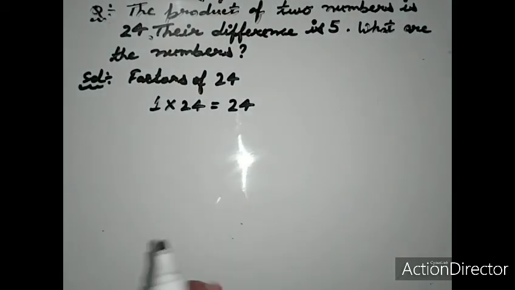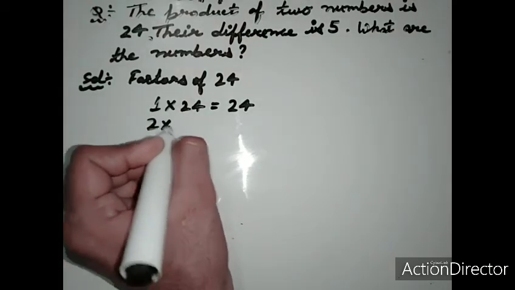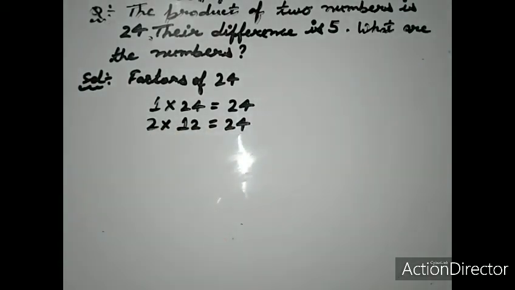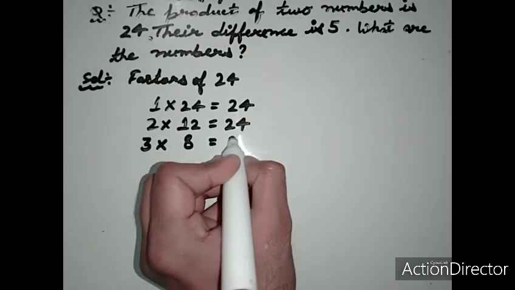Then we check 2. Is there any number which multiplied by 2 gives 24? Yes, 12 2s are 24. Is there any number which multiplied by 3 gives 24? Yes, 3 8s are 24.